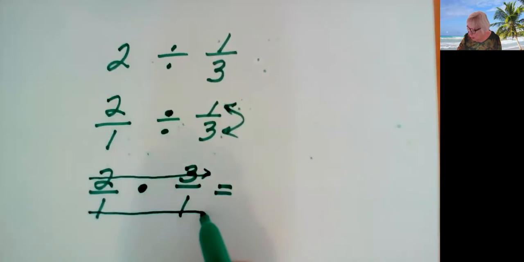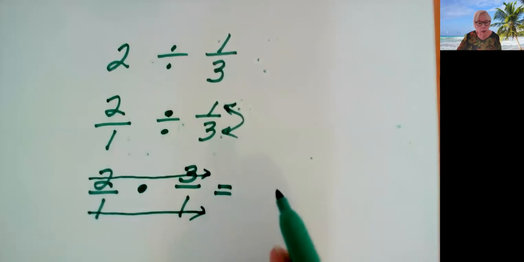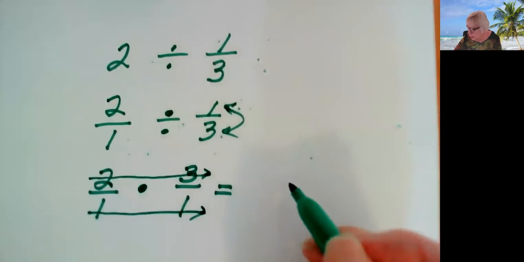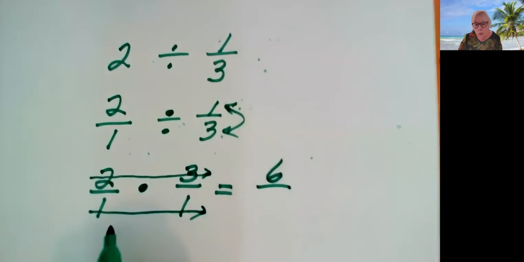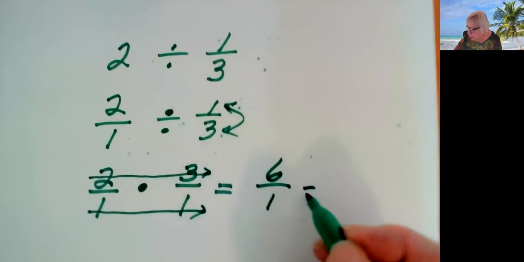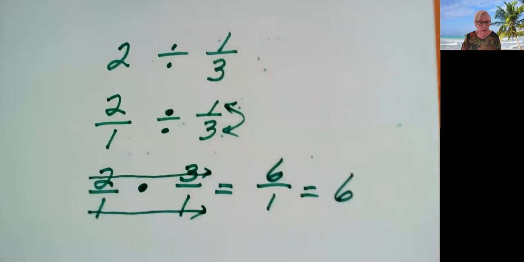So at this point, all you do is multiply across. 2 times 3 is 6. 1 times 1 is 1, but we know we're going to call that 6. Okay? So that's our only step.